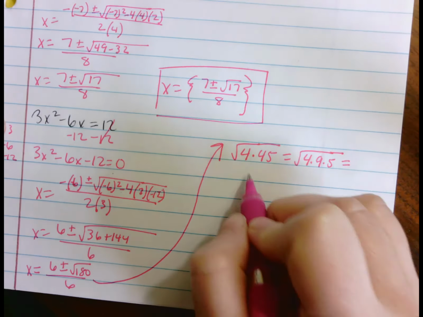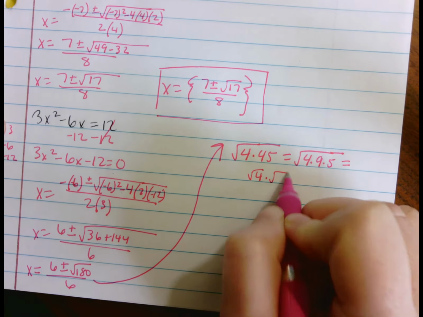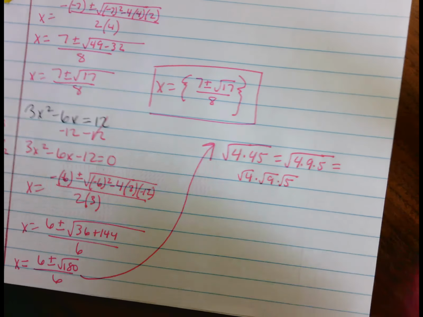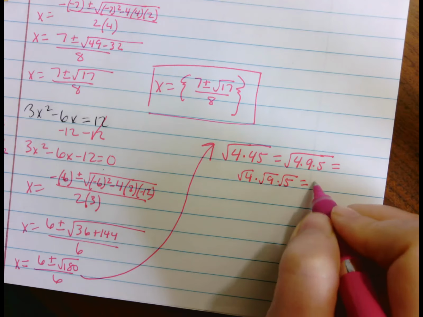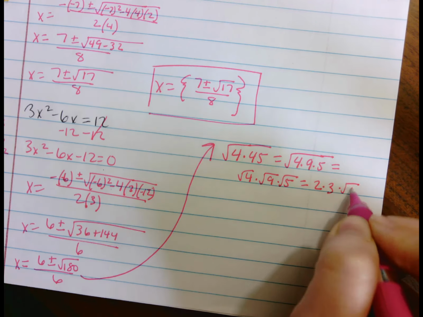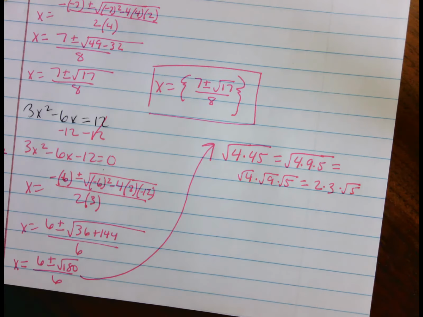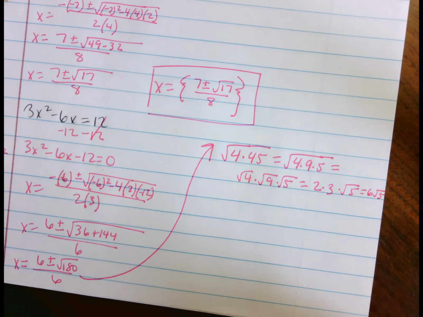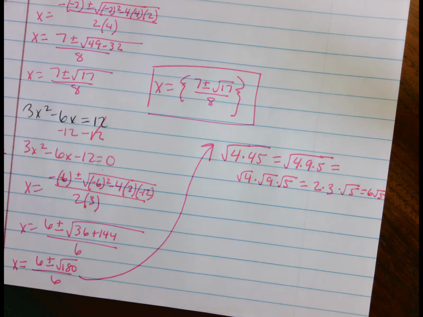So what we'd end up with is the square root of 4 times the square root of 9 times the square root of 5, and so the square root of 4 is 2, the square root of 9 is 3, and then the square root of 5 is not a square, so we would end up with 6 times the square root of 5, which is the simplified way that I can write that.